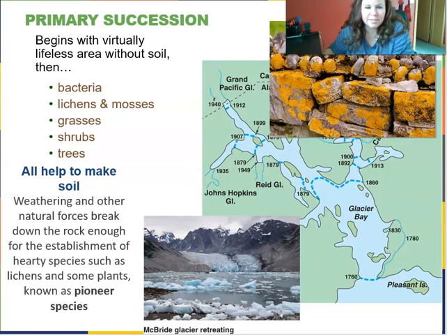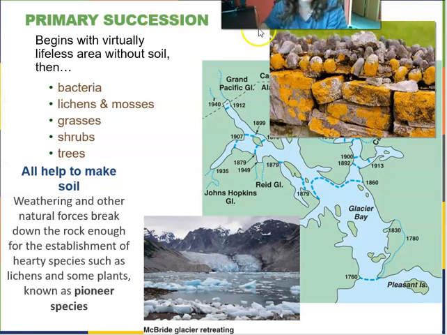So primary succession will begin with virtually this lifeless area without soil, but then we get bacteria, lichens and moss, grasses, shrubs, and finally trees. It goes through that kind of succession. So it takes a long time to bring things back, and you have to have something first and then the next.